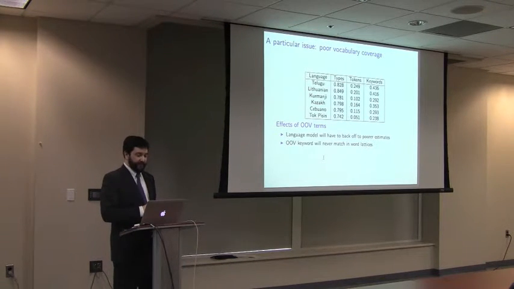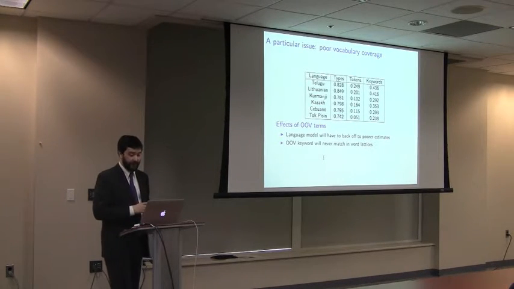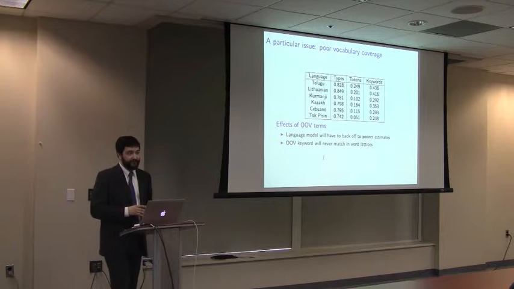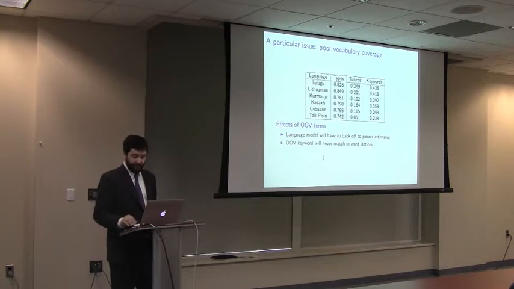The language model, if it doesn't know a word, is going to have to back off to some sort of estimate. And if we have an OOV keyword, that's never going to match in the word lattices, so we're going to have to back off to something like a phonetic search, or a phone confusion matrix.